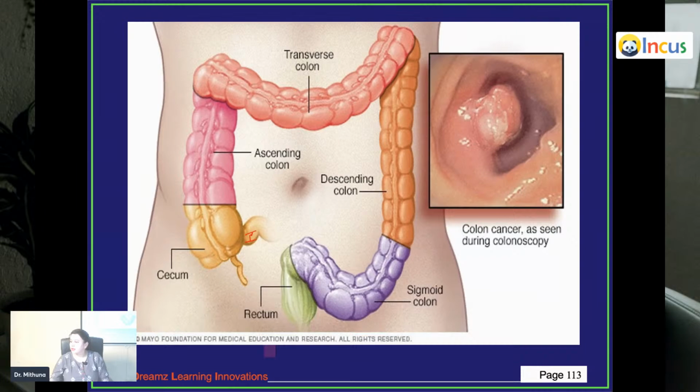This is your ileum here. This yellow part is your cecum. This is your ascending colon. This is your transverse colon. This is your descending colon. This is your sigmoid colon. And this is your rectum.